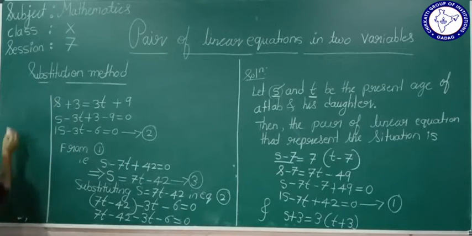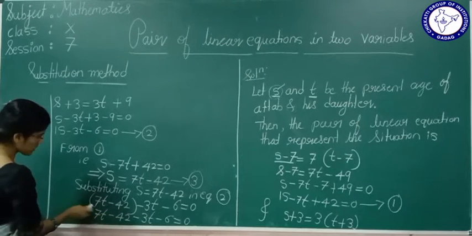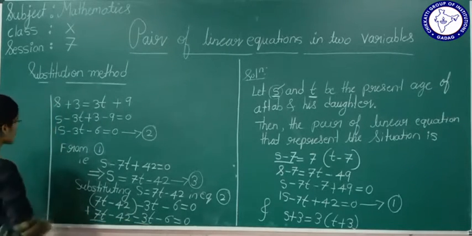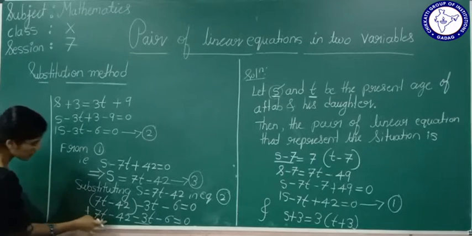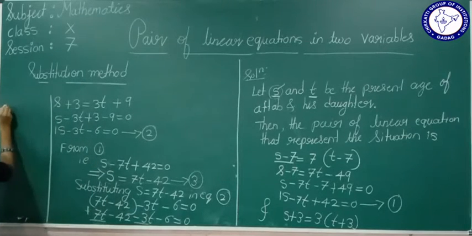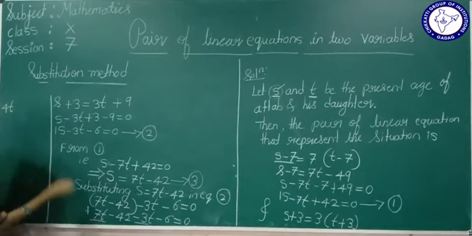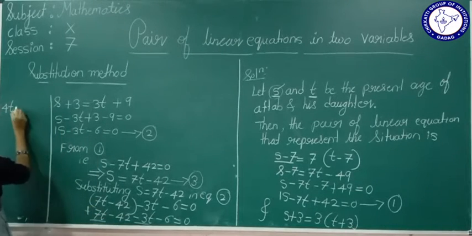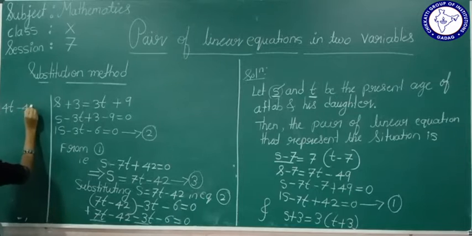Now see here, 7t, like terms can be added, right? What is 7t minus 3t? 7t minus 3t is 4t. Minus 42 minus 6 is what, students? Minus 48 is equal to 0.